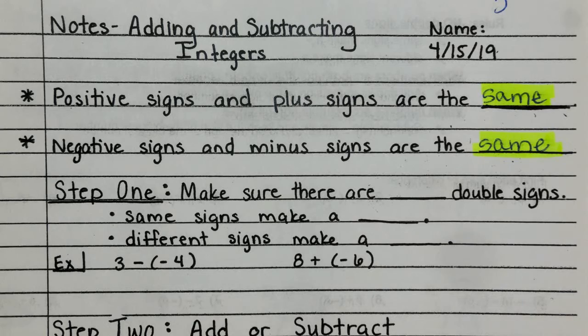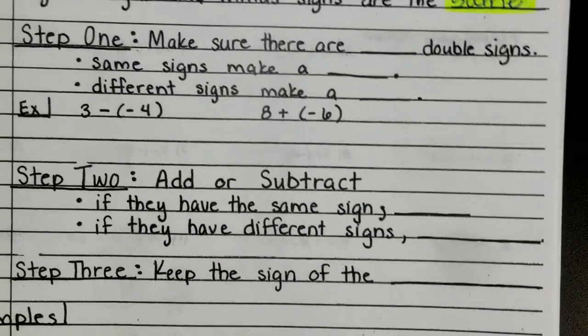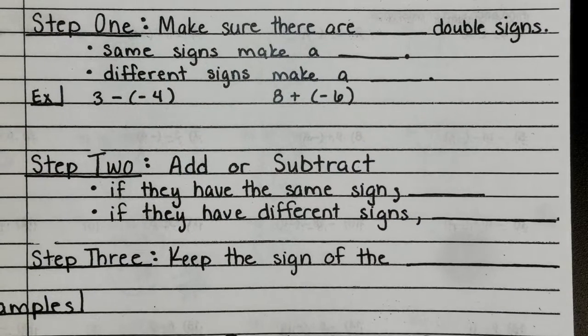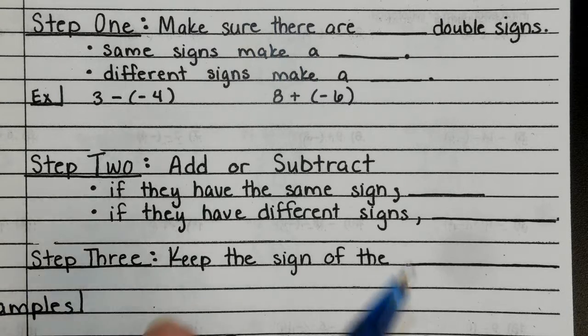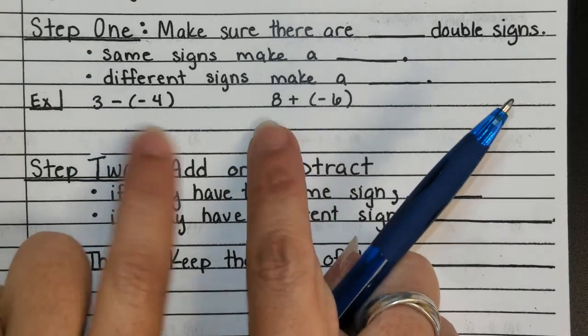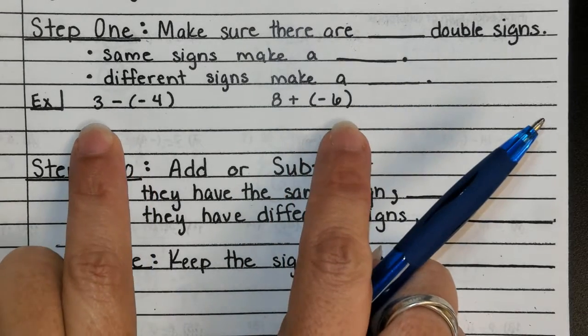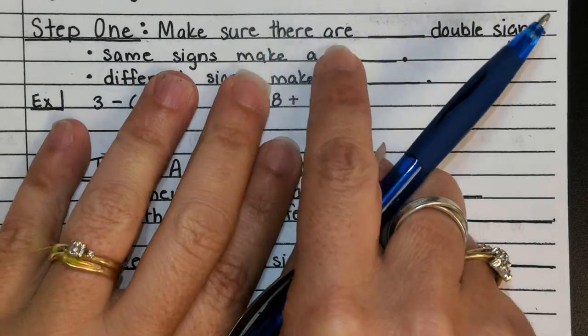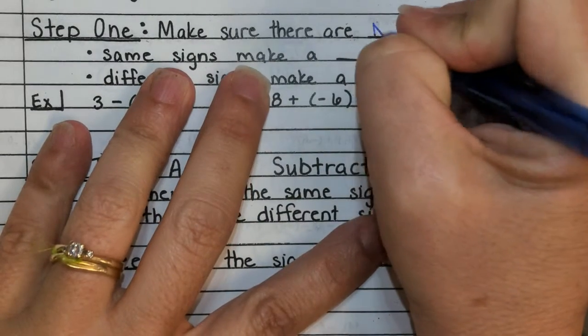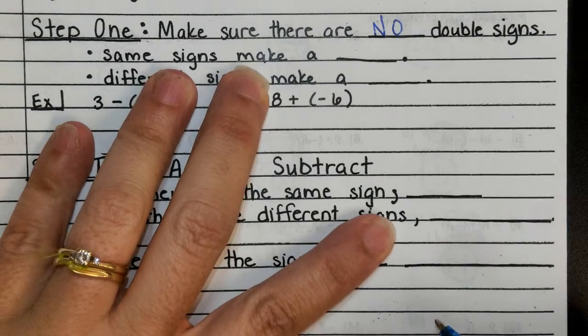Now, looking at the steps of how to do this. Step one is, when you're looking at these problems, does everyone see these two problems? Yes, ma'am. Okay. We want to make sure there are no double signs.